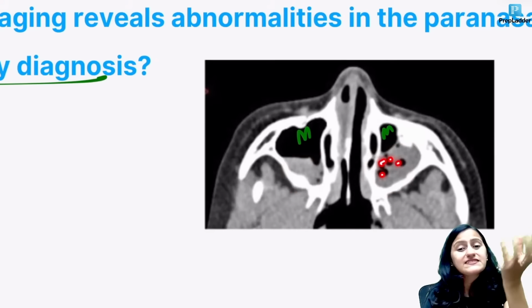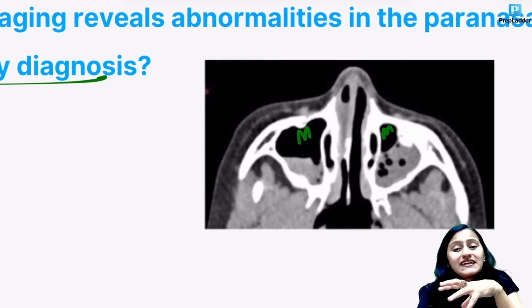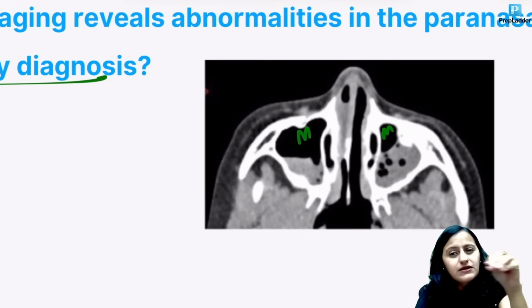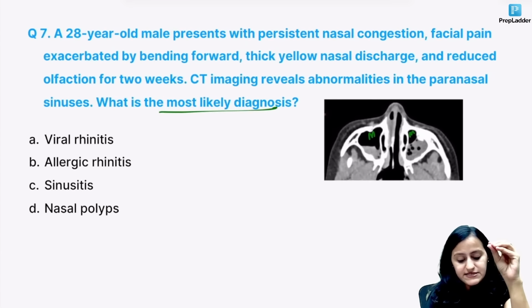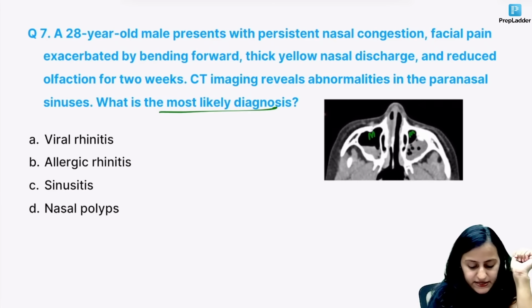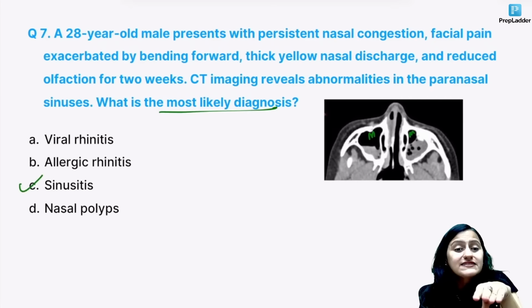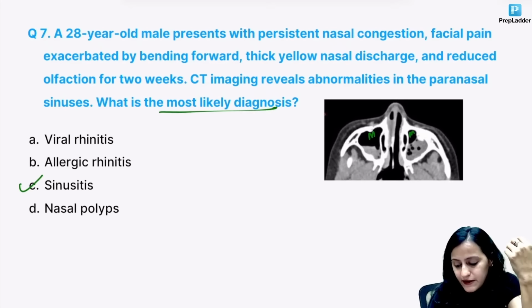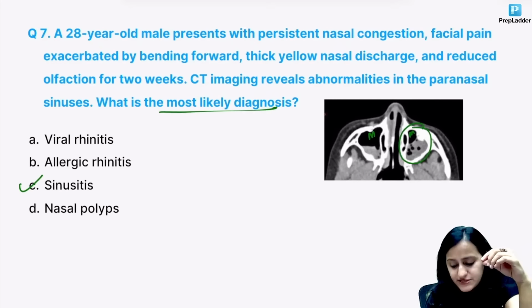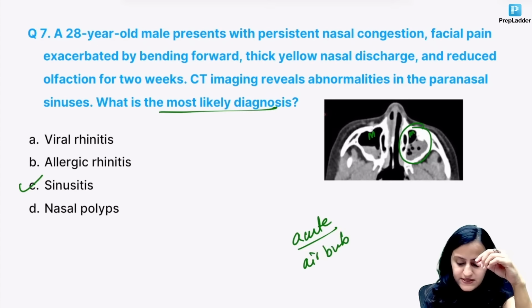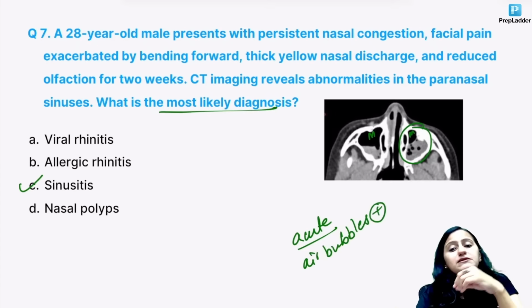Plus this gray fluid is containing air bubbles also. So when you see the gray fluid, the mucus with the air bubbles, that is suggestive of acute sinusitis. The sinus is not containing only air, but there is mucus as well, the fluid as well. So this is going to be sinusitis. And what sinusitis? Acute sinusitis, because there is presence of air bubbles also.